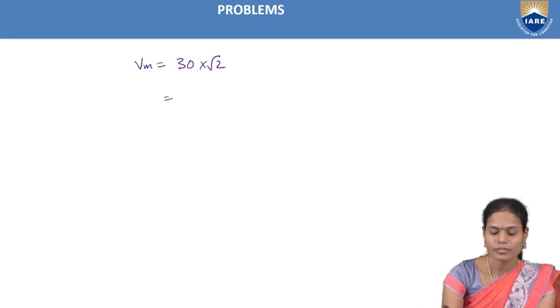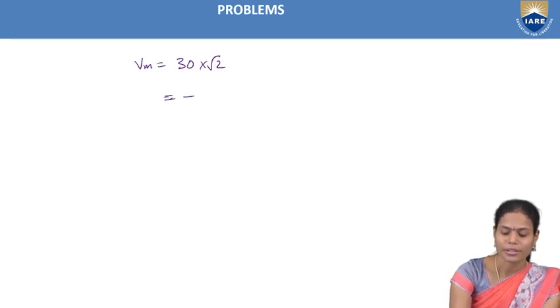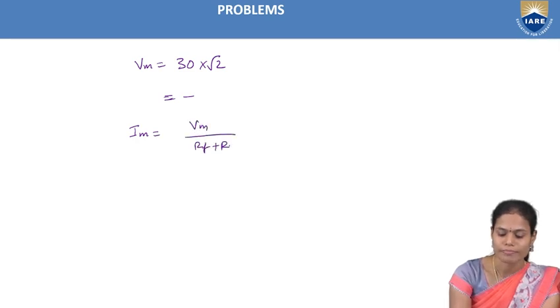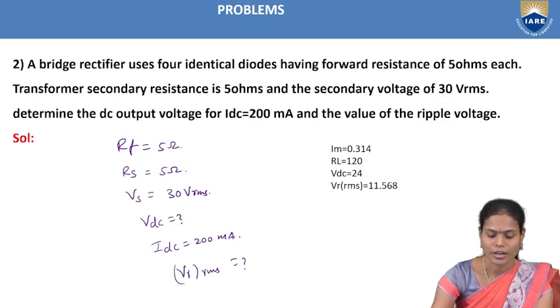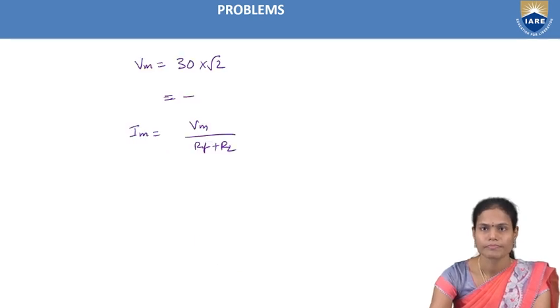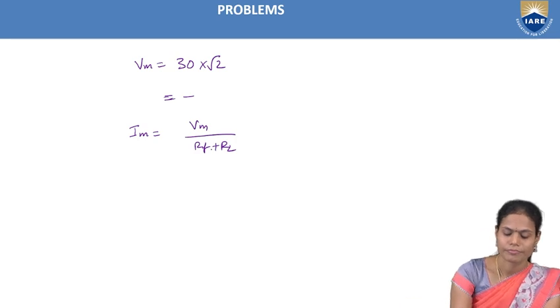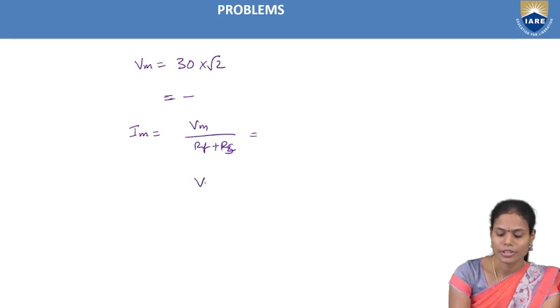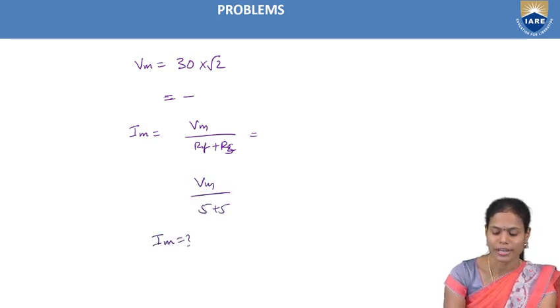And to find the Im value, we take Vm by RF plus RS. If we substitute Vm and 5 plus 5, we will get the Im value.